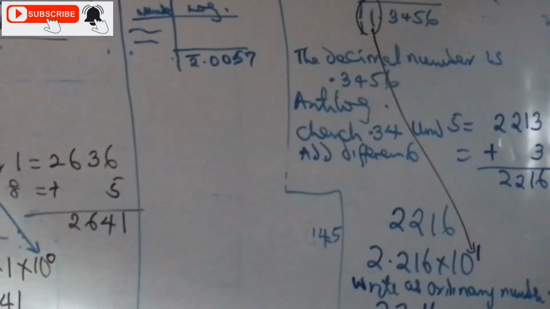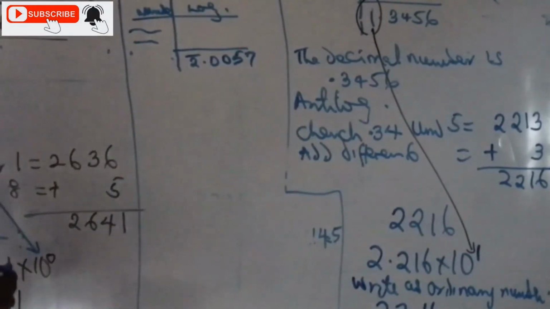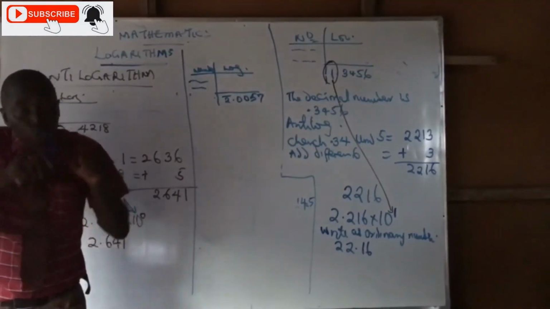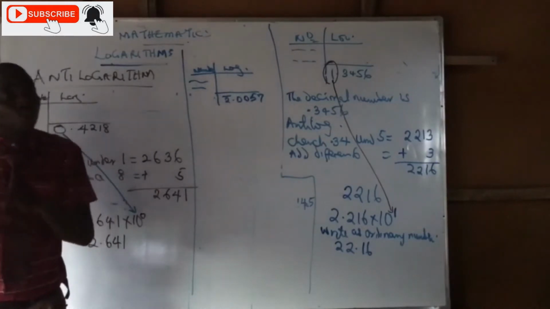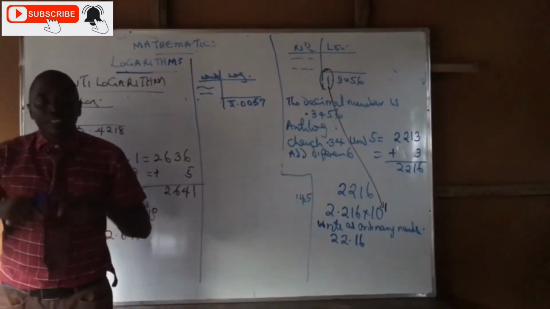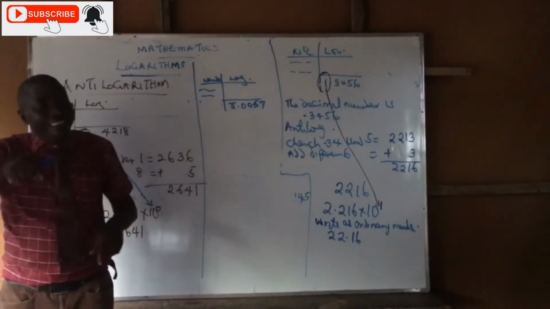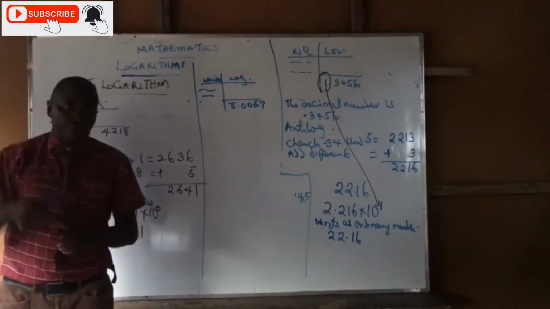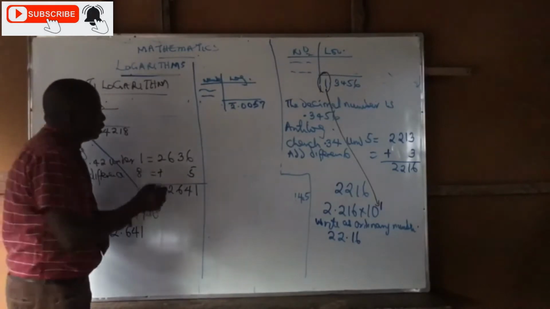I have told you that to check the anti-logarithm, we check in terms of the decimal places. The first 2 decimal places, irrespective of the number that is there, go under the 3rd decimal place, then you add the difference of the 4th decimal place, unlike logarithm.